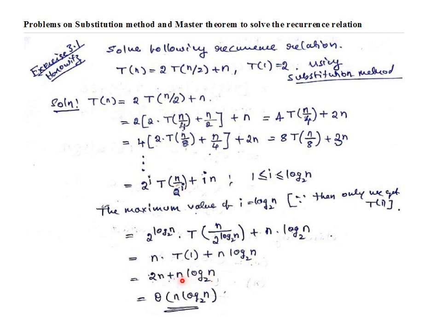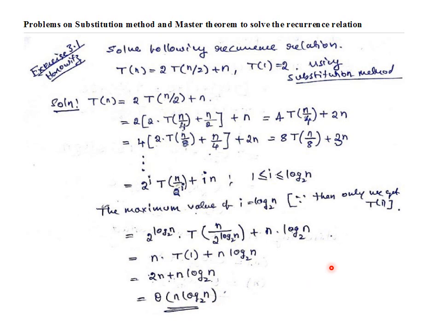In this case, n log n is greater than 2n for large values of n, not n equal to 1 or 2. We are calculating the time complexity for large values of n. So the time complexity is approximated by the second part, n log n base 2. So T of n equals big theta of n log n base 2.